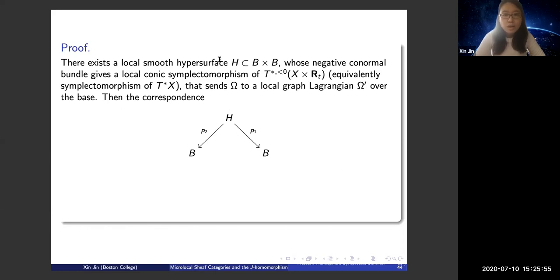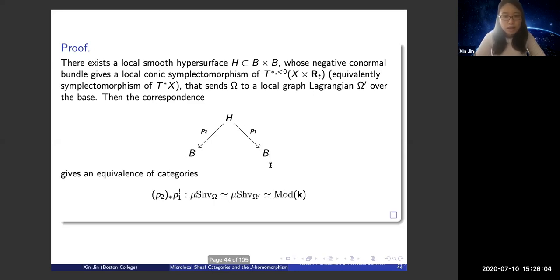So once you have such a hypersurface H, you can build a correspondence like this, and then if you do the pull back, push forward operation, this will transform the microlocal sheaf with single support in omega to a microlocal sheaf with single support in this omega prime.